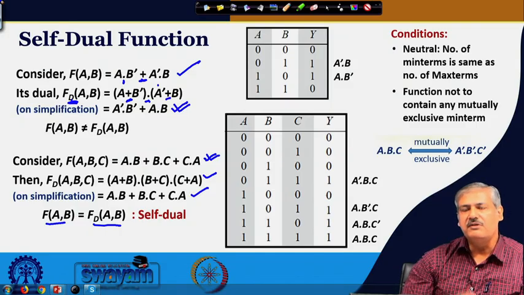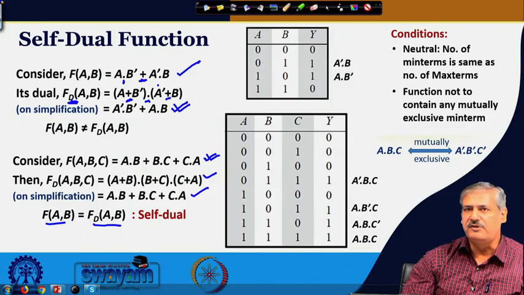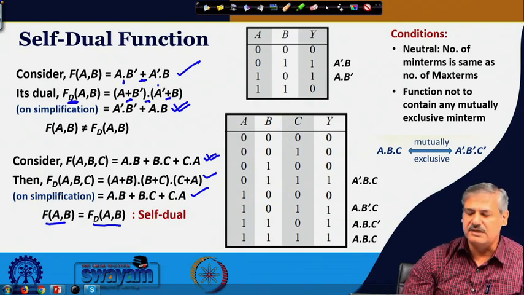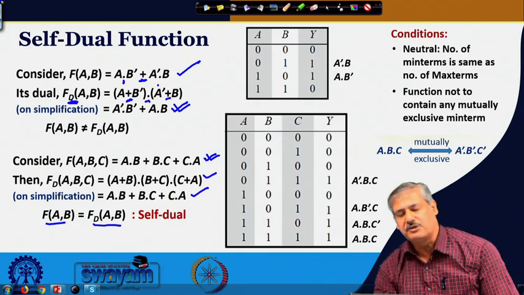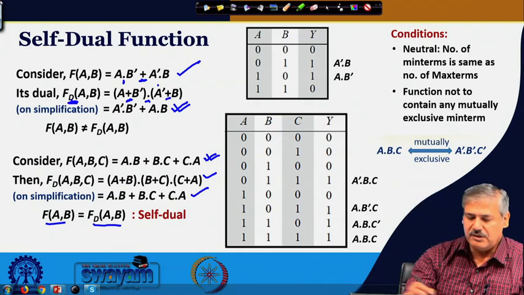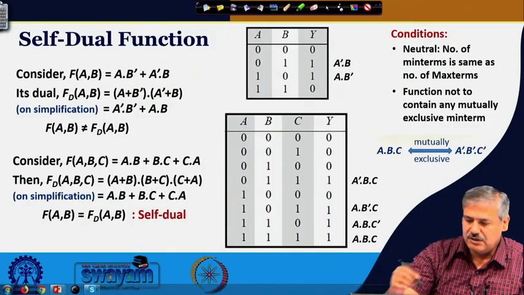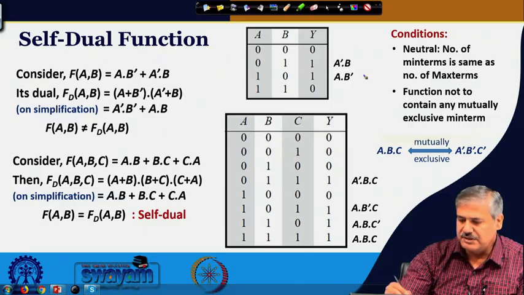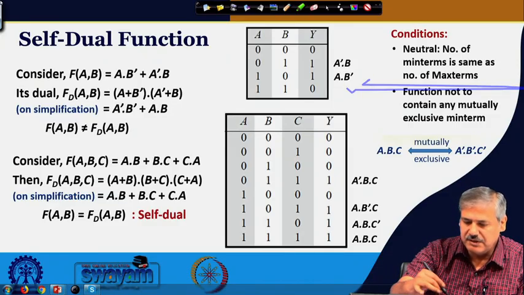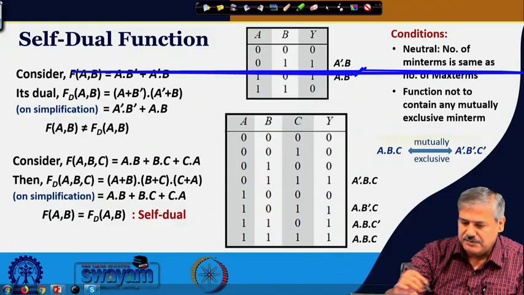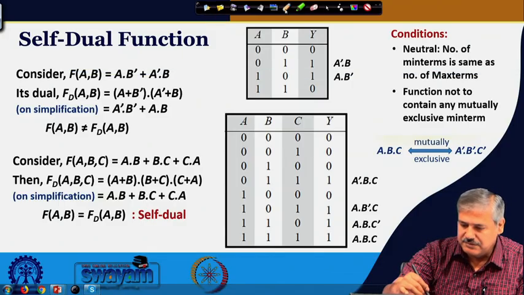So, when does a particular function become self dual? Is there any rule? Yes, there is. For that, let us look at the truth table. If you look at the truth table of the one which was not self dual, this is what you get. Sorry, there is some issue today.